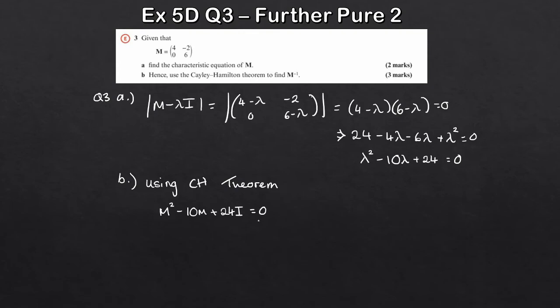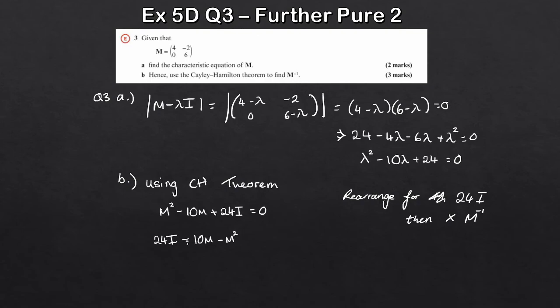Now we want M inverse. So the easiest way to get this M inverse would be to get this in terms of being I, so rearrange for this to be 24I, and then times through by M inverse. So the 24I is equal to 10M minus M squared.